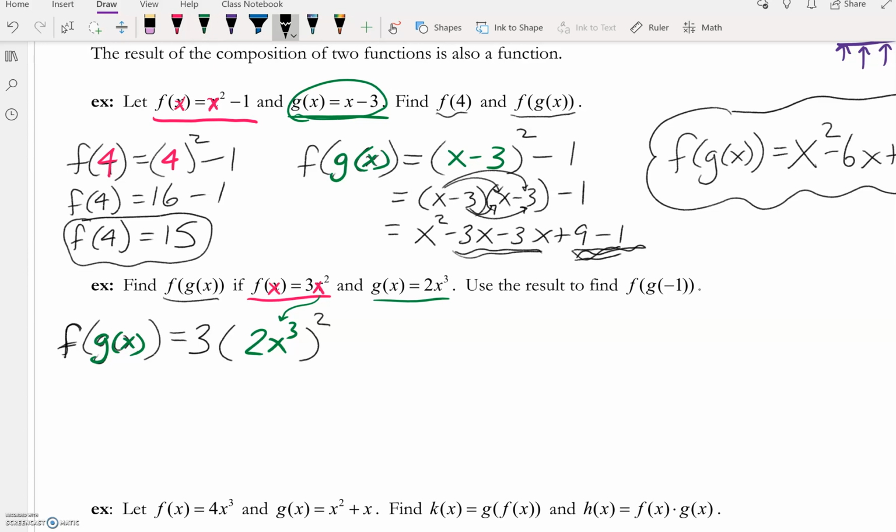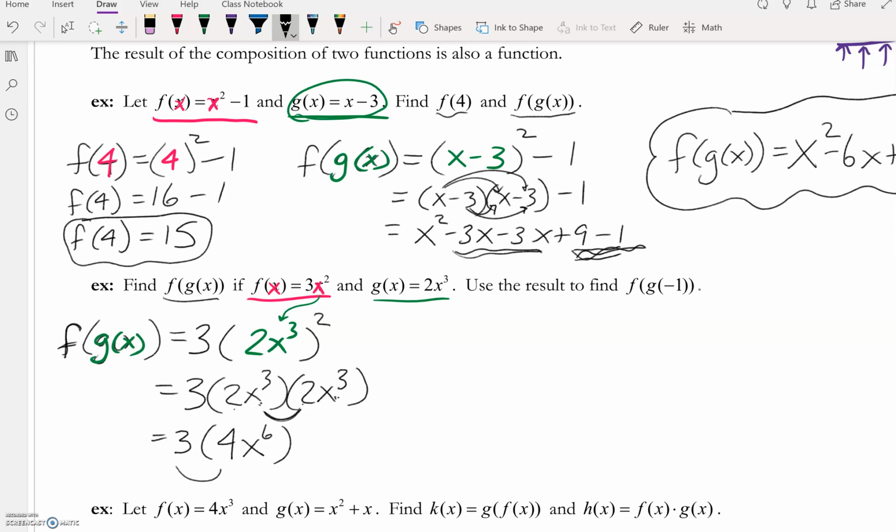Just like before, let's simplify this. 3 times 2x cubed squared. I'm going to write 2x cubed twice, because that's what it means to square something. You can multiply these in any order, but I'll multiply these 2 together first and leave the 3 where it's at. 2 times 2 is 4, and then x cubed times x cubed, which is x times x times x times x times x times x, gives us x to the 6th power.